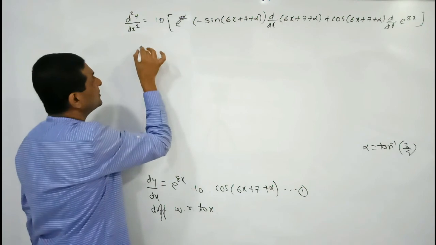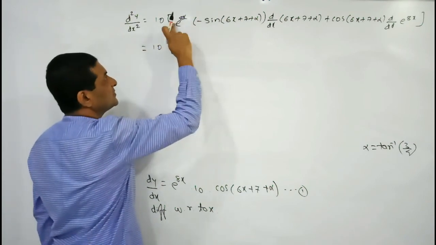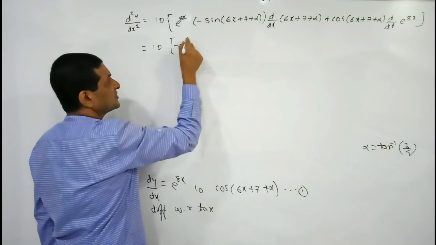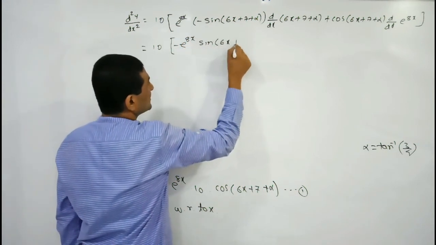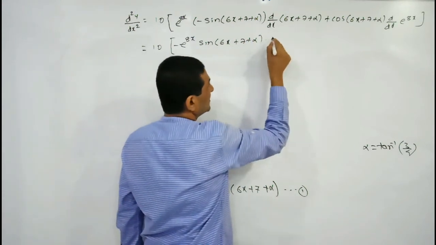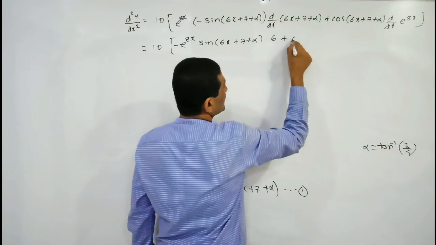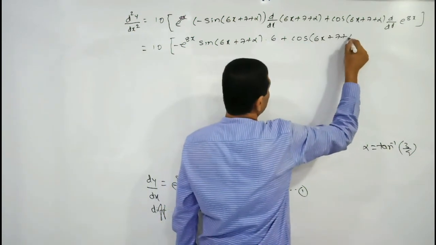So this is equal to 10, keep it as it is. So here e raised to power 8x into minus is minus e raised to power 8x sin of 6x plus 7 plus alpha as it is. Differentiation of this whole term is 6, plus cos of 6x plus 7 plus alpha as it is.